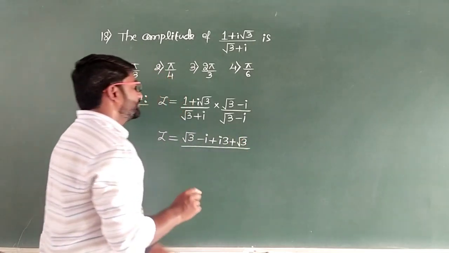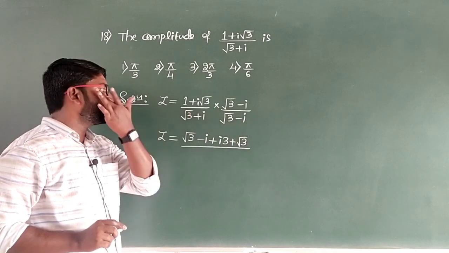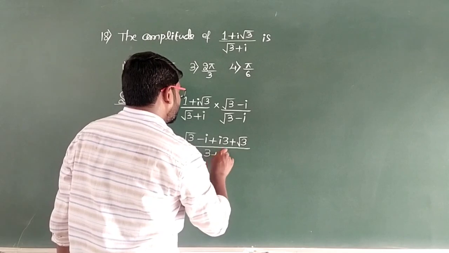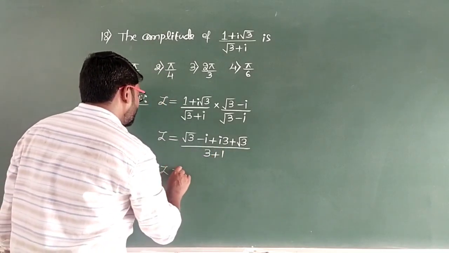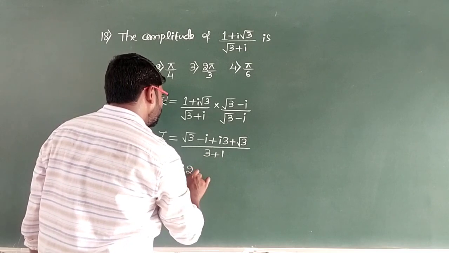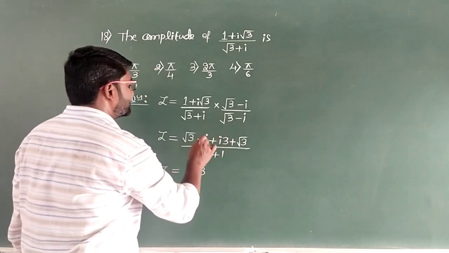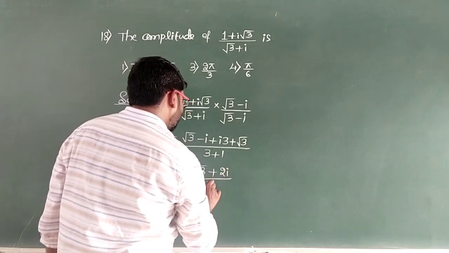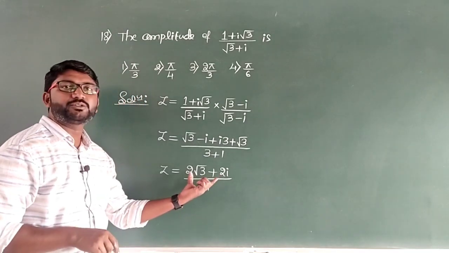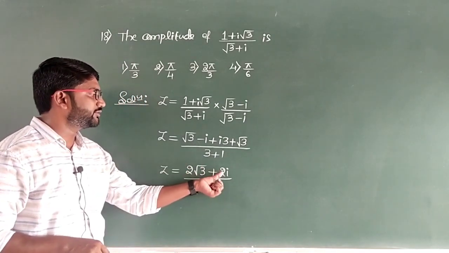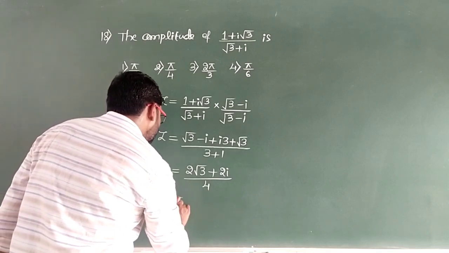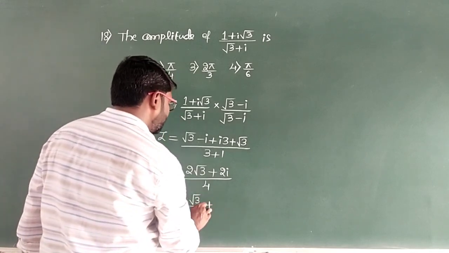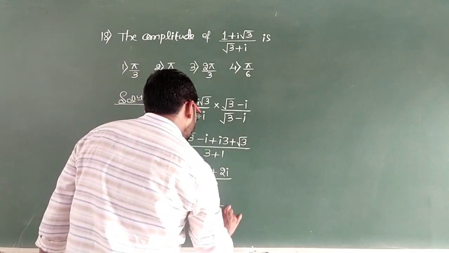Divided by, root 3 plus i into root 3 minus i will be root 3 square minus i square. Overall we get 3 plus 1. So z is equal to root 3 plus root 3 will be 2 root 3, then 3i minus i will be 2i, divided by 4. Now split this into 2 terms, 2 root 3 by 4 plus 2i by 4. Overall z is equal to root 3 by 2 plus 1 by 2 i.